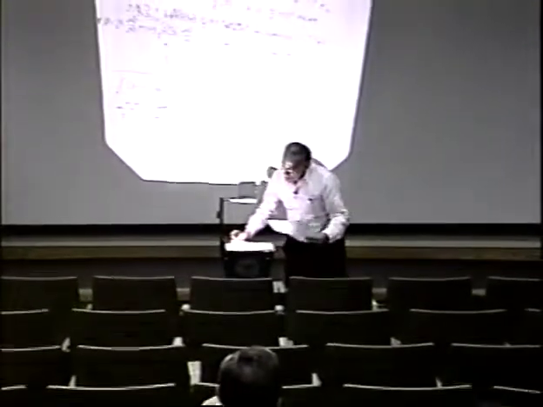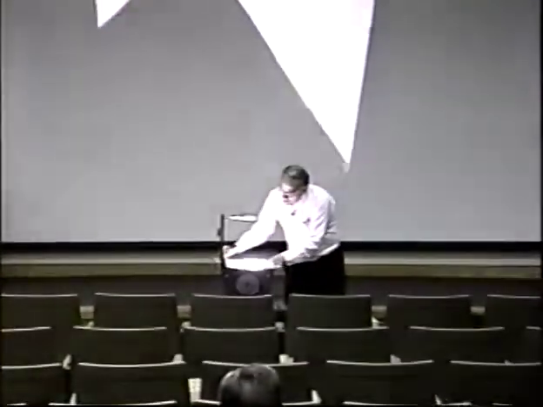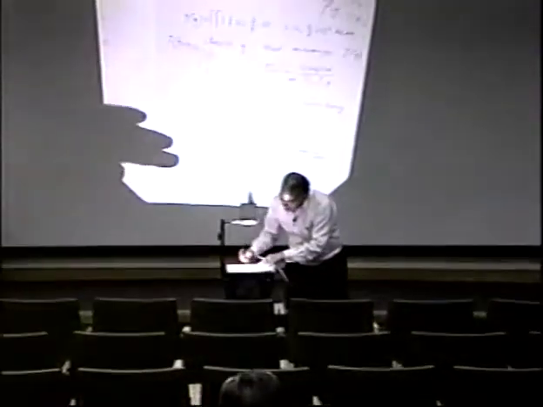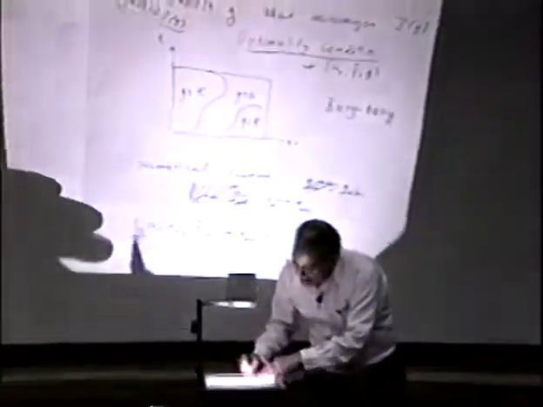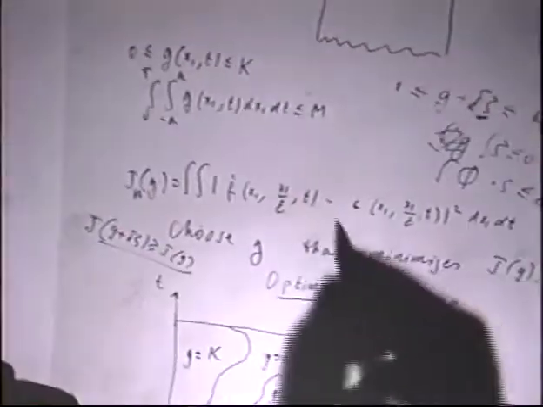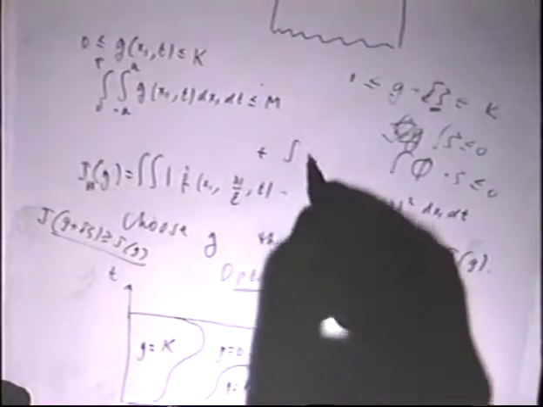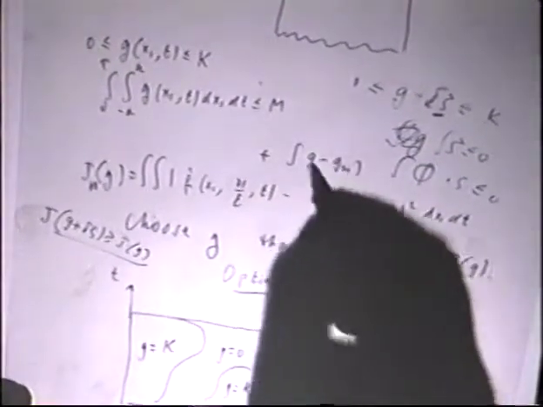Therefore, I would like numerically to change the problem, and once I find an approximation G sub n, I'm going to replace this by a new function, where I will add to this integral G minus G sub n squared with lambda.